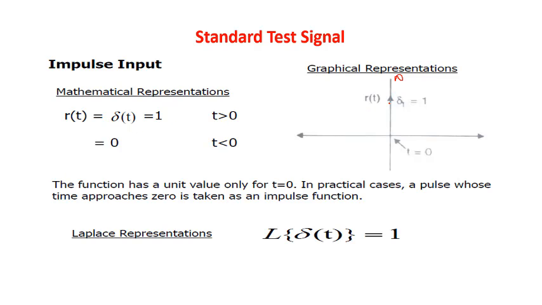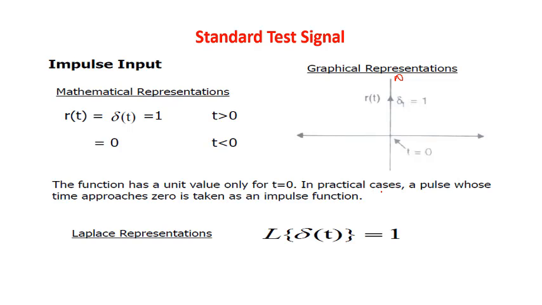Hence we write this as r(t) is equal to delta(t) equal to 1 for t greater than or equal to 0. That means at t equal to 0 we have a magnitude tending towards infinity. Here the function has a unit value only for t equal to 0.